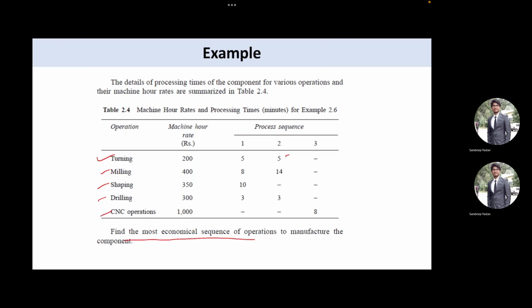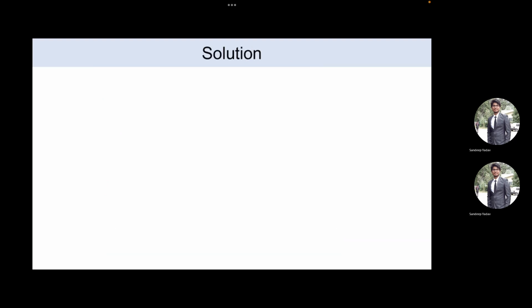Now we have to find the most economical sequence of operations to manufacture the component. So we will try various iterations for that. Let's first start with the cost of the component using sequence 1.